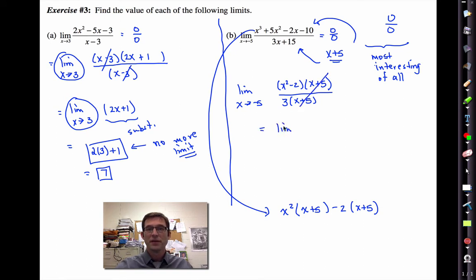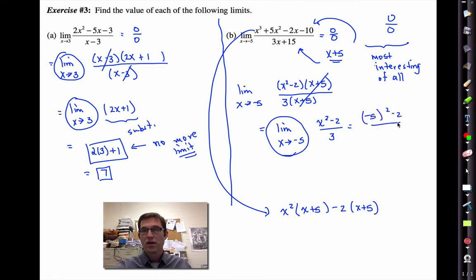I've now got the limit as x goes to negative 5 of x squared minus 2 divided by 3. And now watch as I drop the limit because I'm now going to evaluate by substitution. And I'll get 25 minus 2 divided by 3 gives me 23 thirds. Not the nicest limit on earth, but we'll live with it.